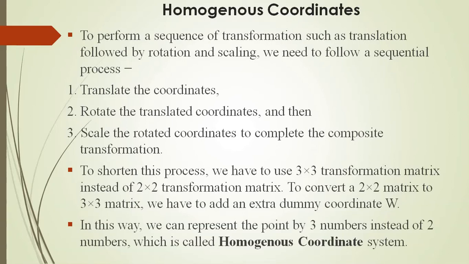To convert a 2x2 matrix to a 3x3 matrix, we have to add an extra dummy coordinate W. So in short, homogeneous coordinate means converting a 2D transformation into a 3D transformation matrix. We can represent the point by 3 numbers instead of 2 numbers, which is called the homogeneous coordinate system.